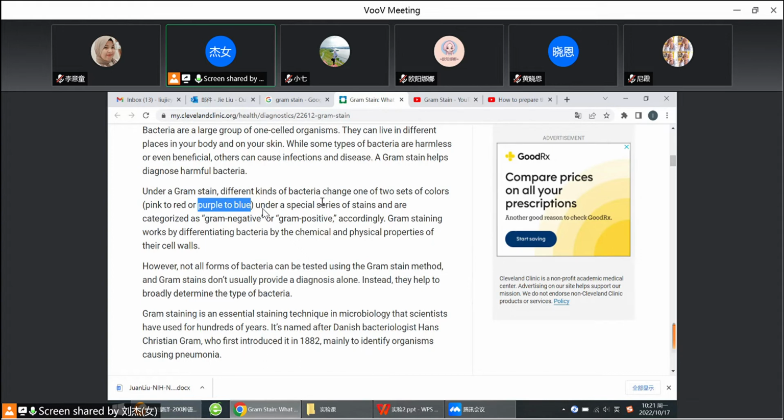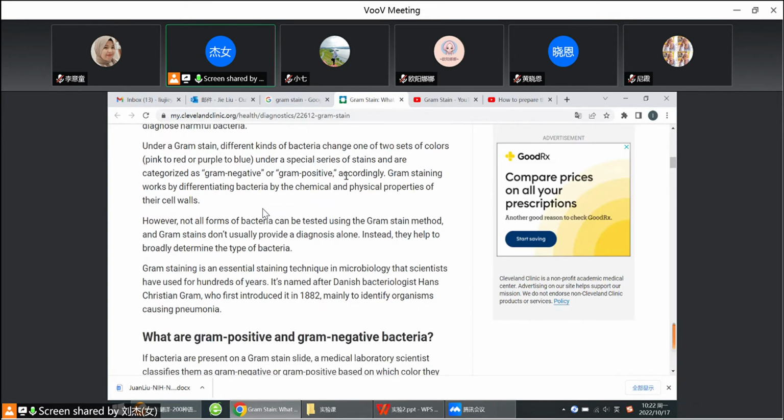So under the special series of stain, they can show the color like pink or red or purple or blue, and they can be grouped as gram-positive or gram-negative. However, gram-positive or gram-negative doesn't mean it is good or bad.